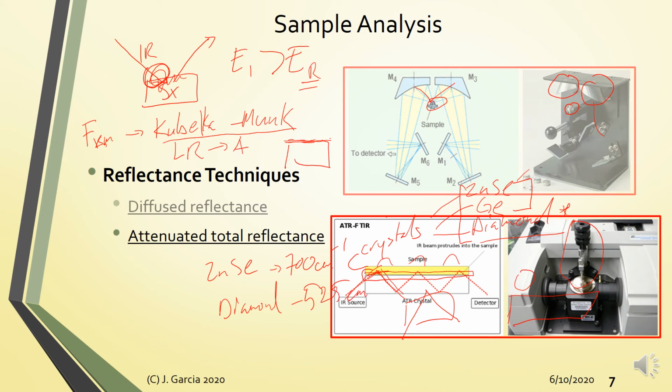Meaning to say, if you're going to run your IR towards lower wave numbers beyond the cutoff, you will be reading already the signal for the crystals themselves. So you need to be mindful doon sa kanilang cutoff values.